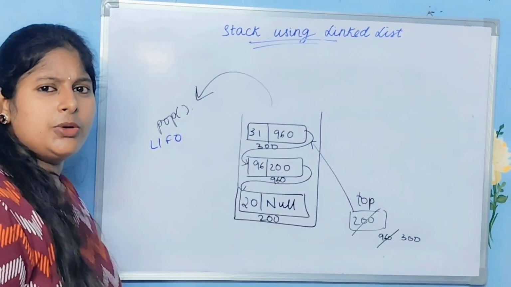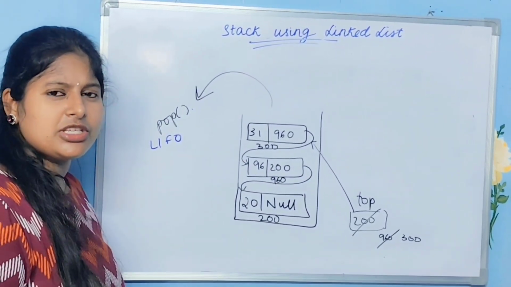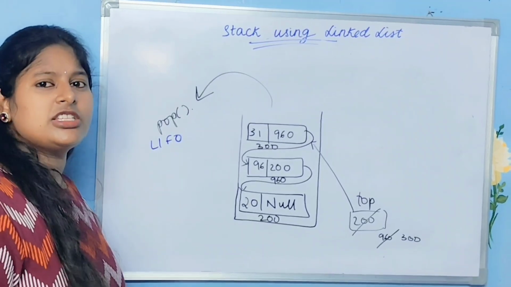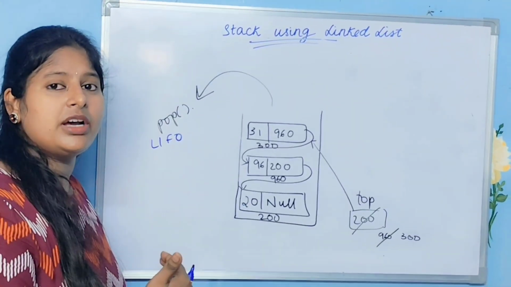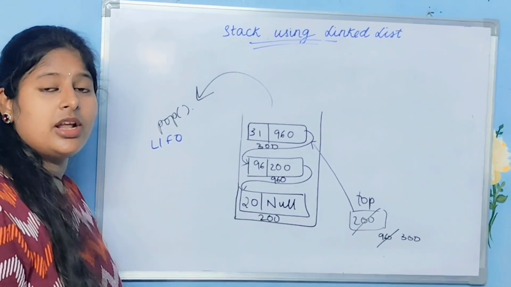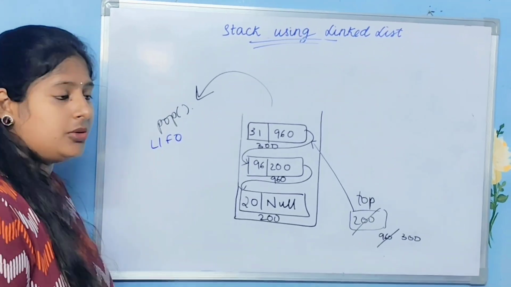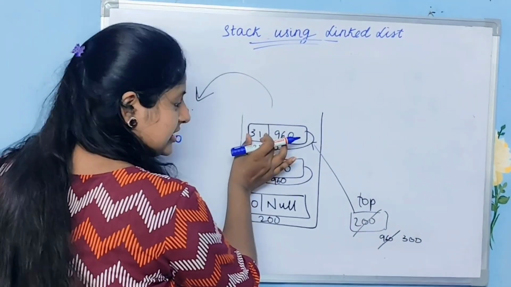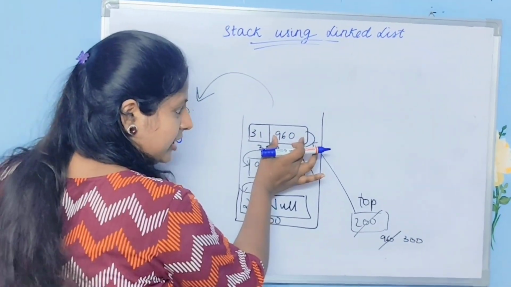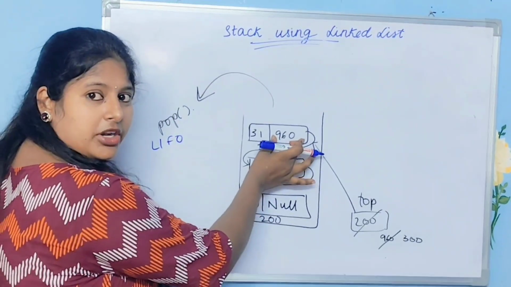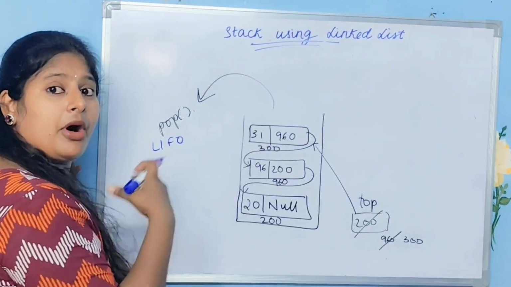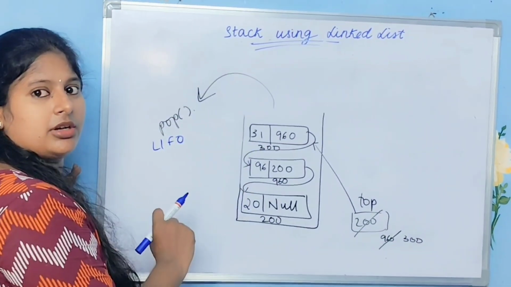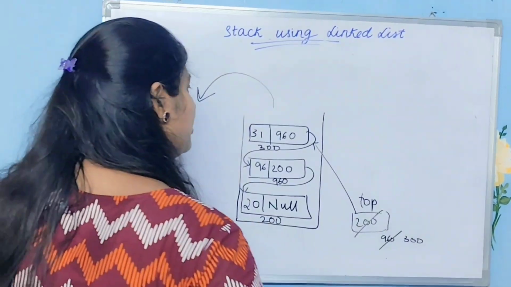But we are not doing any top decrement operations. We cannot perform increment or decrement operations on addresses. So what we'll do is, after deleting this element, we'll consider its next pointer, and point my top to that element. Let's see how it is done.